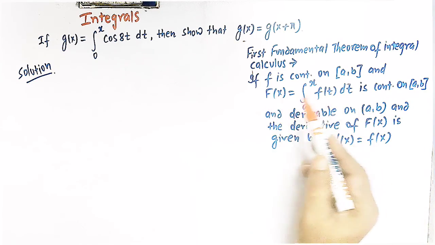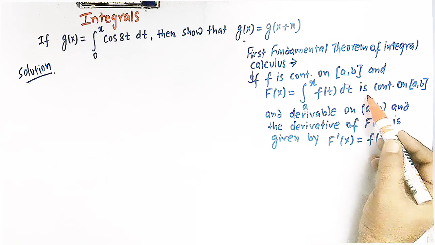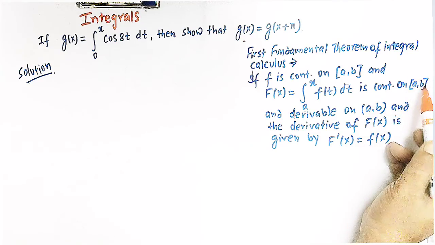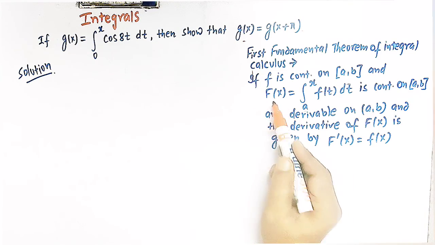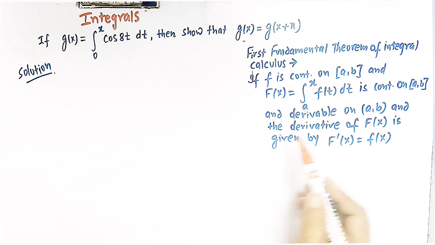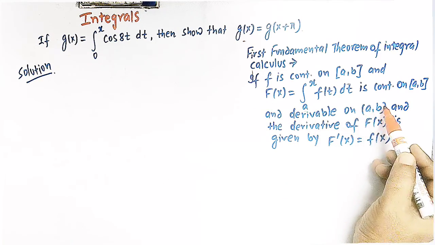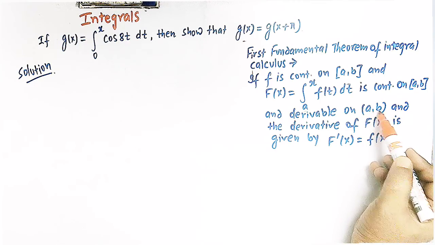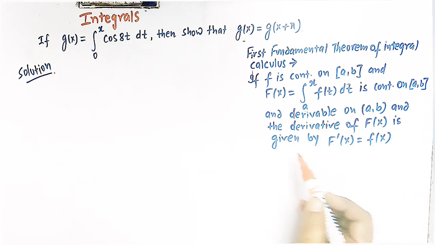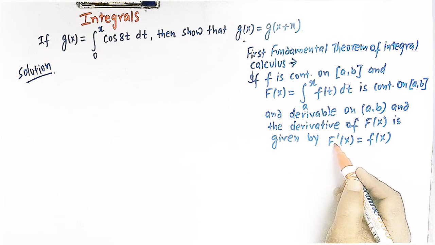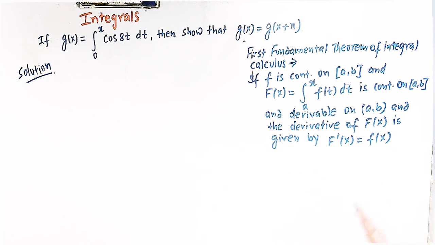And this function F of x is also continuous on this closed interval a comma b, and this function F of x is differentiable on this open interval a comma b, and the derivative of F of x is given by F prime of x is equal to f of x, right?